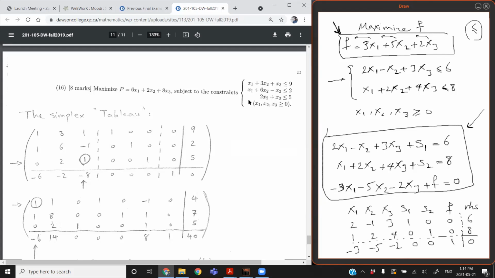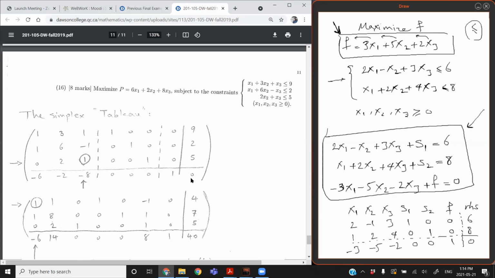For the third one, 0 for X1, 2, 1, and then we have 0 and 0 for S1 and S2, 1 for S3, 0 for P, and then 5. And then if I move everything here on the right to the left, I will have negative 6, negative 2, negative 8, 0, 0, 0 for the 3 slack variables, S1, S2, S3, and then 1 for P. And on the right side, I will have 0, just like the one that I just did.